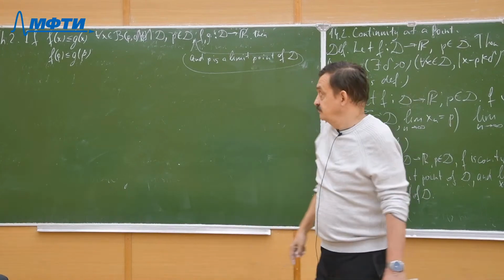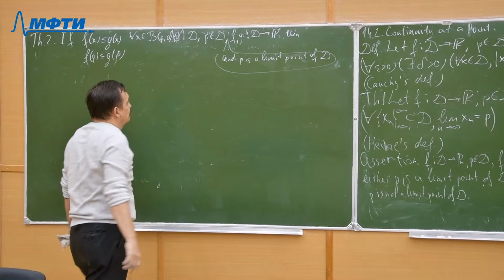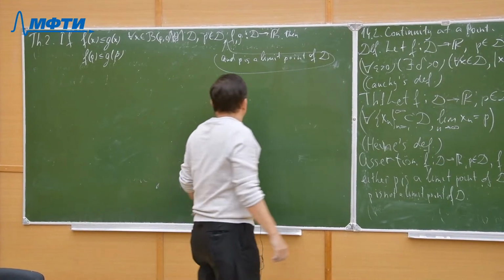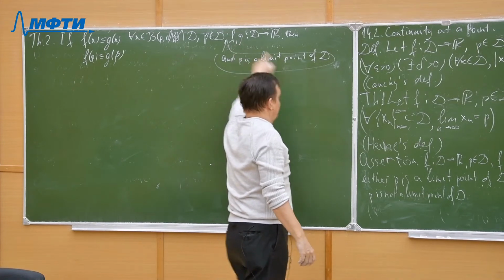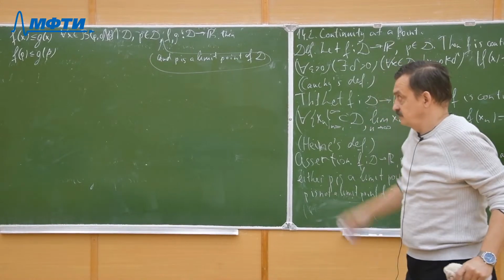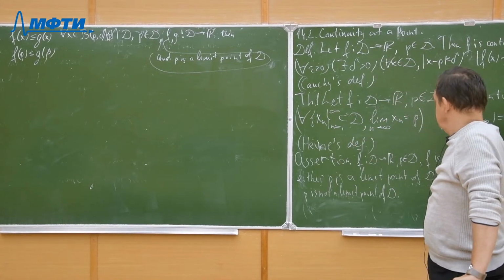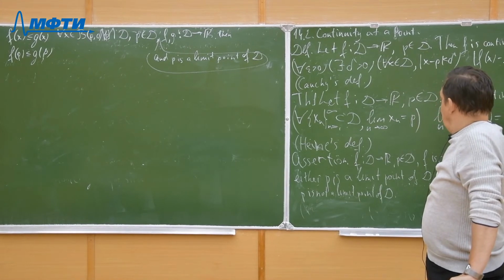And of course, for the empty set, everything is satisfied, right? So if p is not a limit point, then arbitrary functions f and g are continuous, hence no inequality is satisfied, of course, right? Okay.